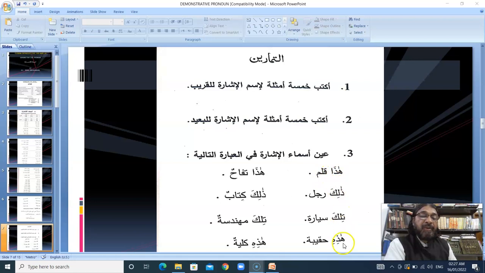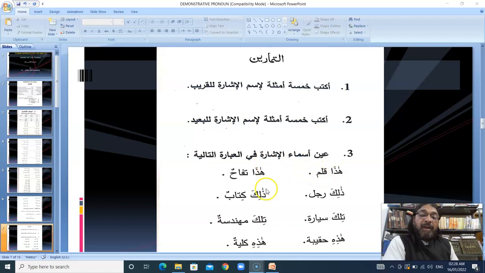So everywhere the first one will be ishara: this, that, these, those. And after ishara, there will be musharun ilayhi. So what is musharun ilayhi? As I told you, that which is demonstrated, to whom we are going to point out. Those will be called the demonstrated.